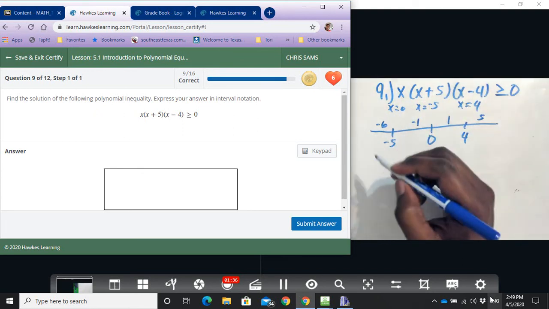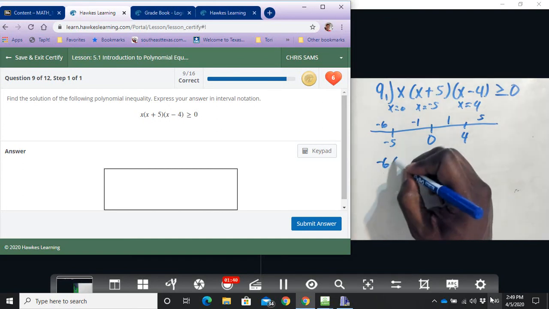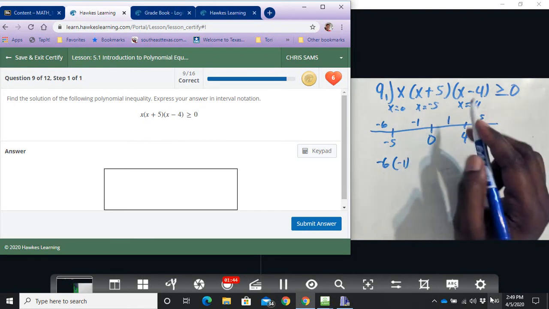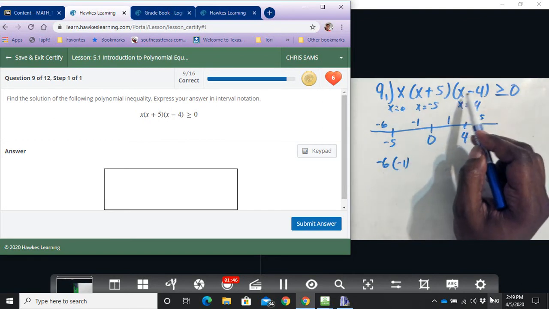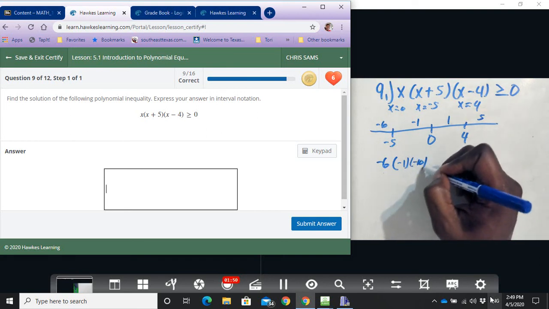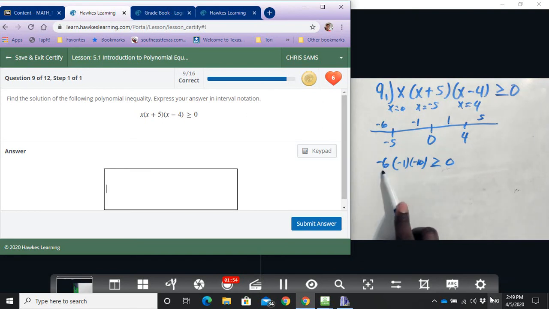So starting with negative 6. I will get a negative 6. And then if I do negative 6 plus 5, that will give me a negative 1. And then negative 6 minus 4 gives me a negative 10. And it really doesn't matter the number.